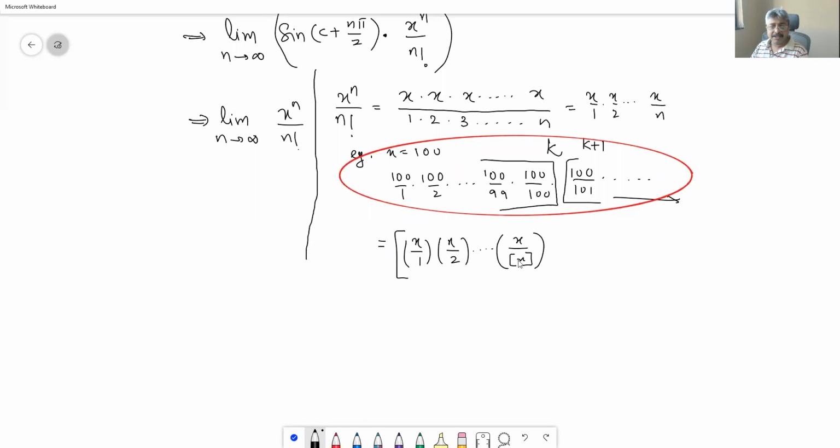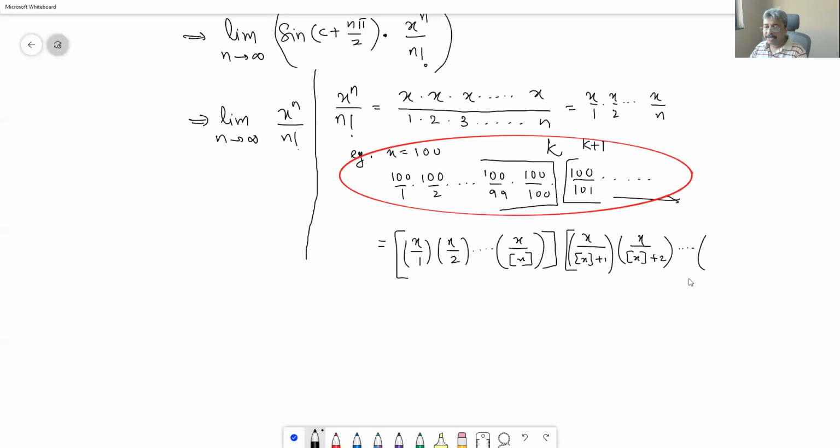Now this fraction is the last fraction which is going to be greater than 1, and all the fractions after that will look like x upon greatest integer x plus 1, into x upon greatest integer x plus 2, dot dot dot.